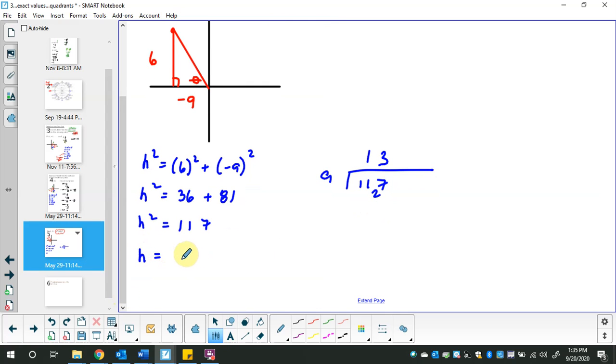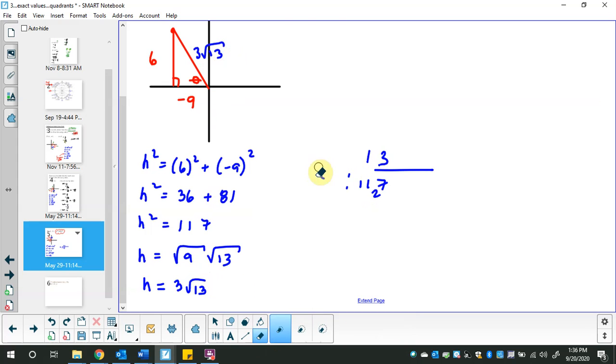Remember, hypotenuse is always positive. That is obviously not the case with opposite and adjacent. So my hypotenuse is 3 root 13. If you need a refresher on this, be honest with yourself, be honest with me, do something about it, and get some help with it.